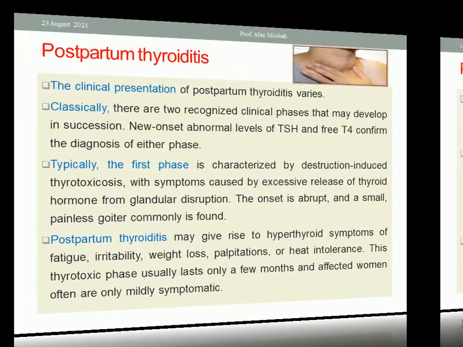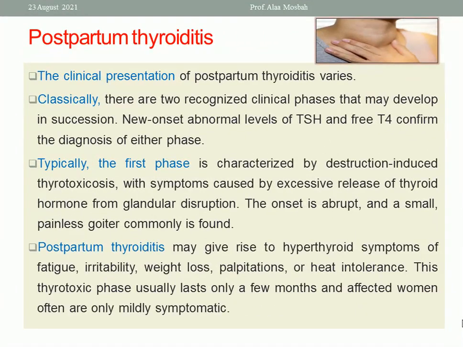That's why many cases are missed from diagnosis. This complication occurs a few months after delivery, so nobody takes care about that or notices it, especially if the patient has vague symptoms.